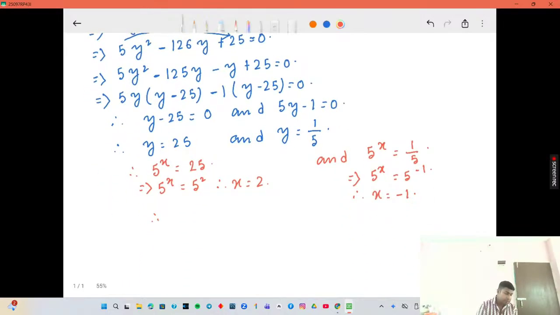Therefore, the roots of the equation are 2 and minus 1 respectively.